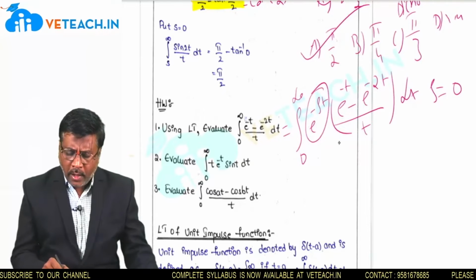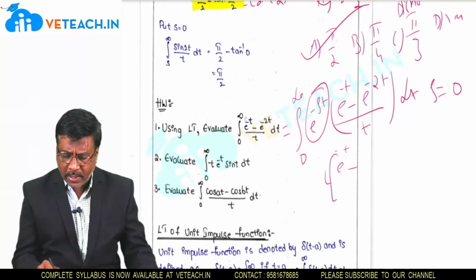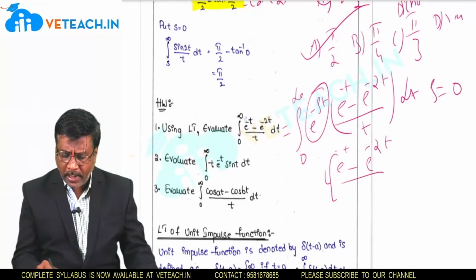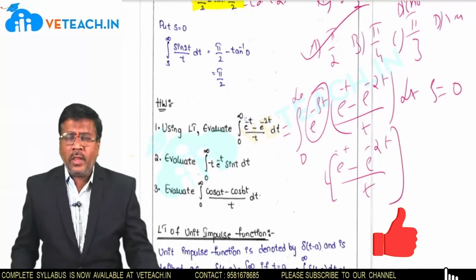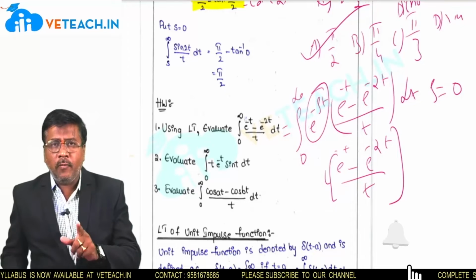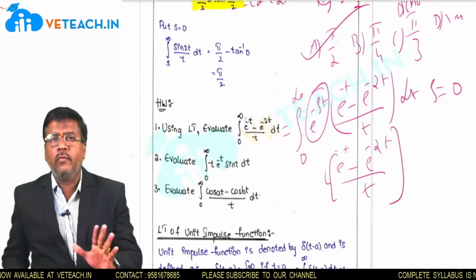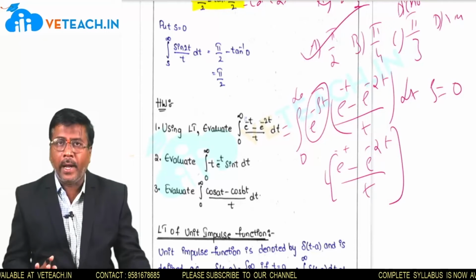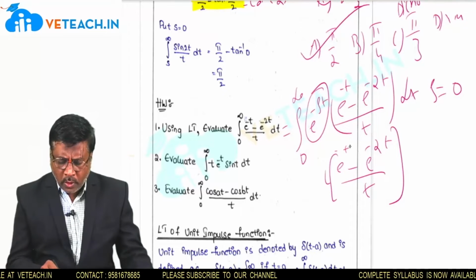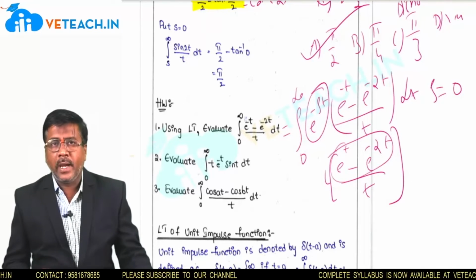Now, here in the definition of L of e power minus t minus e power minus 2t by t only. One thing you have to keep in mind: this technique is only applicable when the integral varies from 0 to infinity. Please all of you keep this in mind. Now, we have to know the Laplace transform of e power minus t minus e power minus 2t.